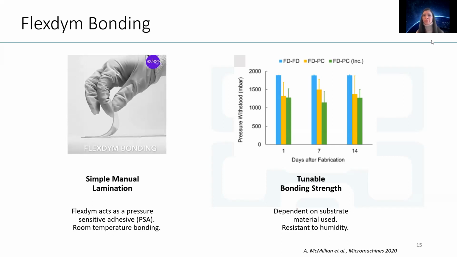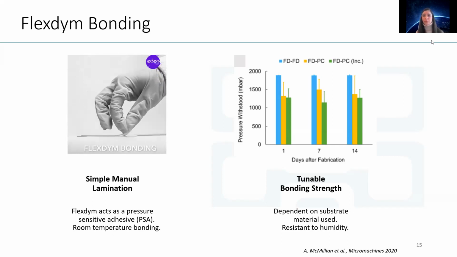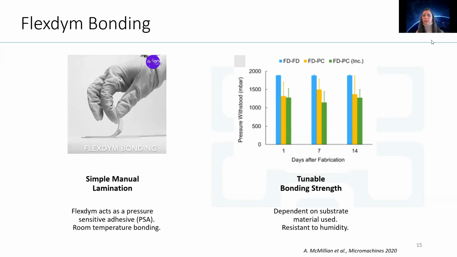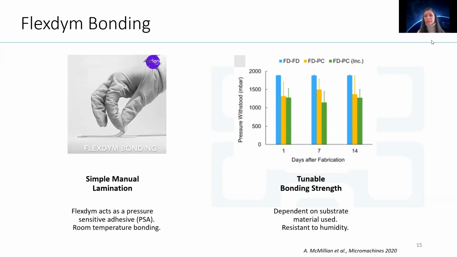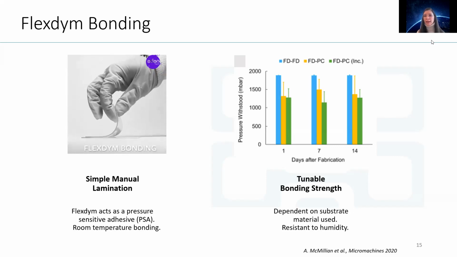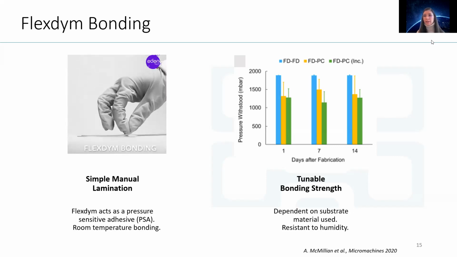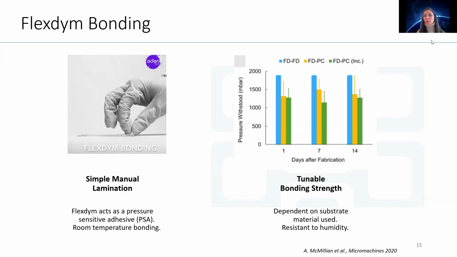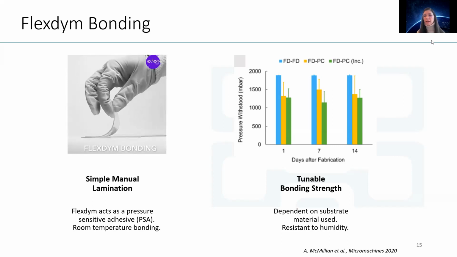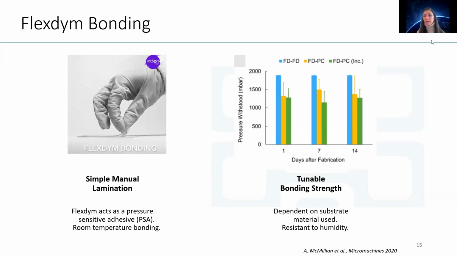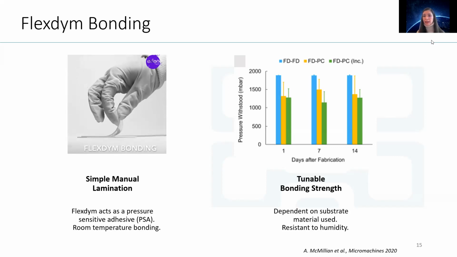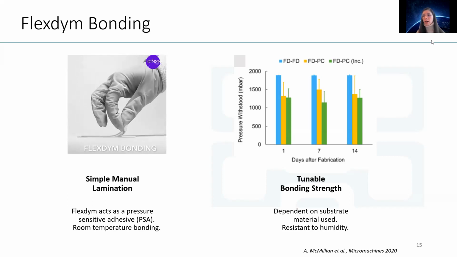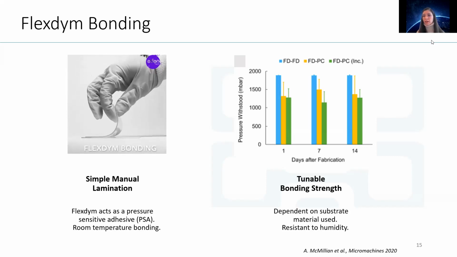So you will see that depending on the substrate that you will use, the fluidic pressures will range from about 700 millibar up to 2 bar, depending as well on the grade and the brand of the substrate material that you will be using. But what is also important to see here is that the bonding strength does not decay over the time period, and that it's also going to be resistant to humidity and cell culture conditions.